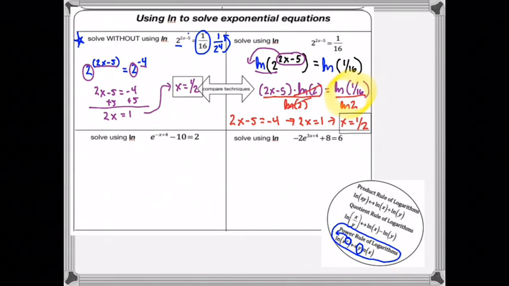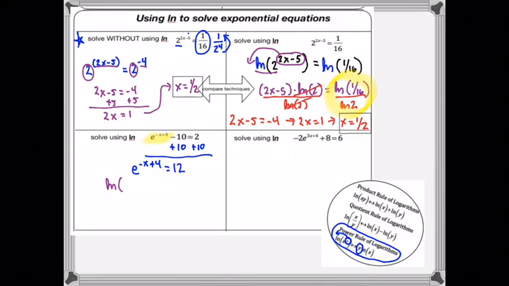Okay, for this guy, if I want to use the natural log, taking the natural log of both sides, what I have to do is get the term that has the exponential stuff all by itself. So the first thing that I want to do is move anything that I can to the other side, like for example that 10, and that's going to give me e to the negative x plus 4 power equals 12. Okay, so now I want to take the natural log of both sides.